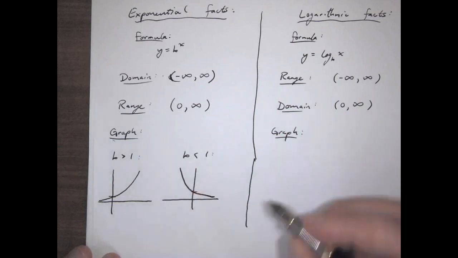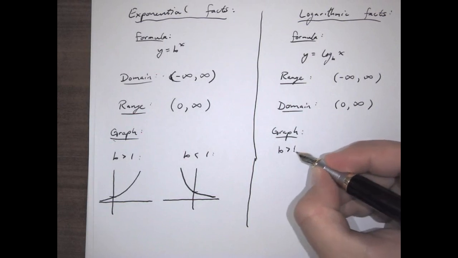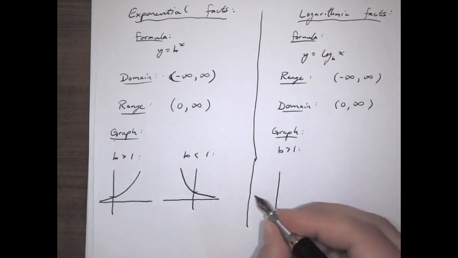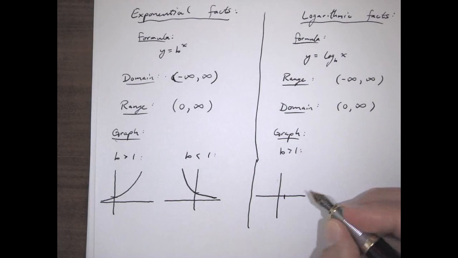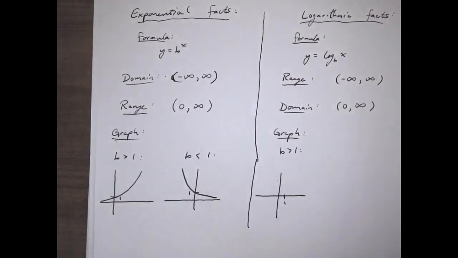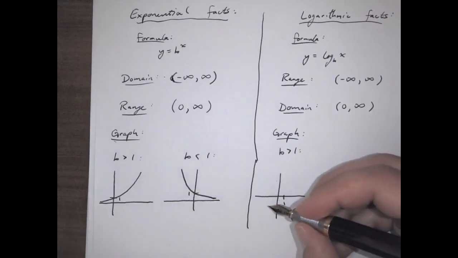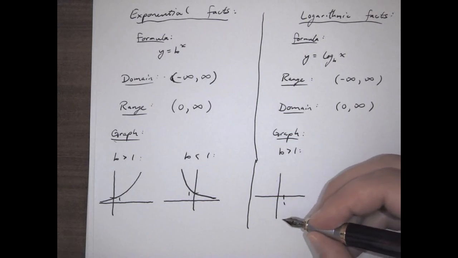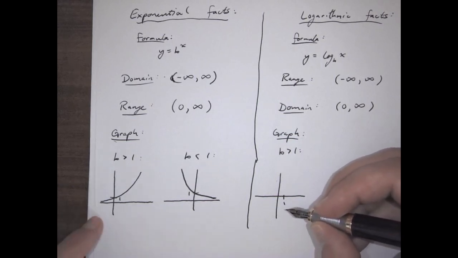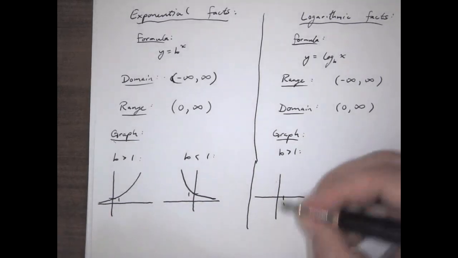And so, for one thing, the y-intercepts will become x-intercepts. So say b greater than 1. So this was 1 and 1, and this is always going to be 1 as well. Now, every exponential function has a horizontal asymptote, which means that the logarithm has a vertical asymptote. So there's a horizontal asymptote at y equals 0, which makes a vertical asymptote at x equals 0.